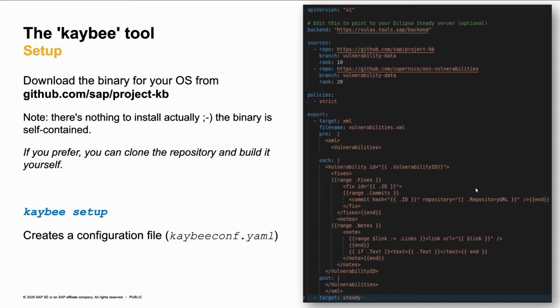And for those of you who are familiar with Golang text templates, well, this is a Golang text template. So basically, this is just iterated over each object, and the attributes of the object are used to flesh out the template in a concrete output. Other targets are possible. We have another target called Steady, which creates a script that can be used to import statements into a Steady backend.